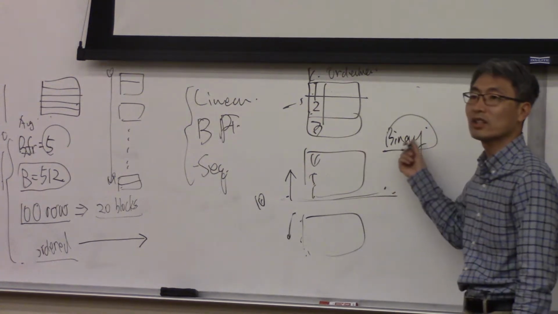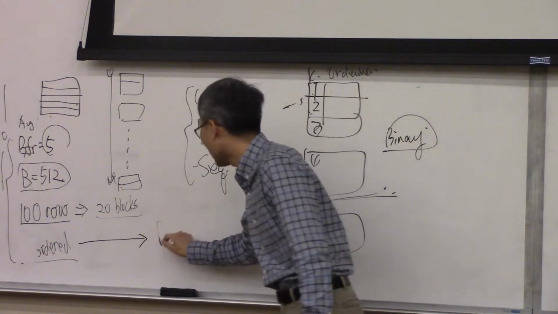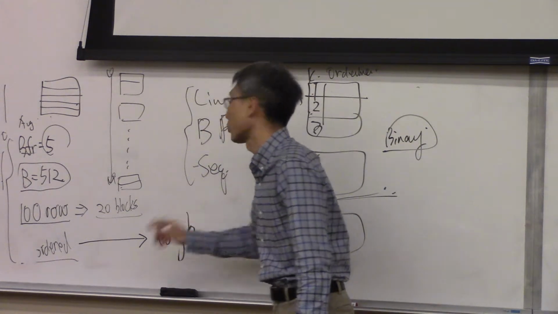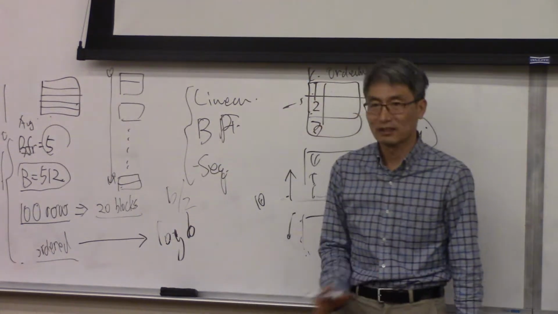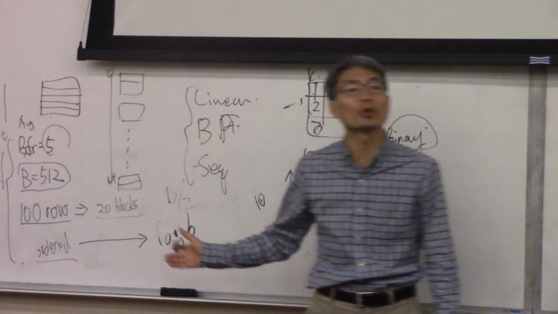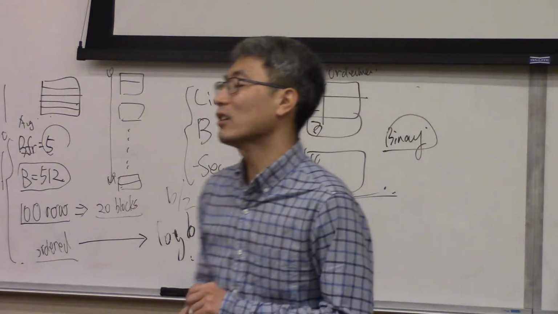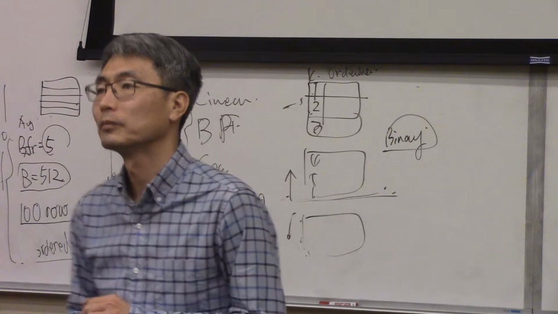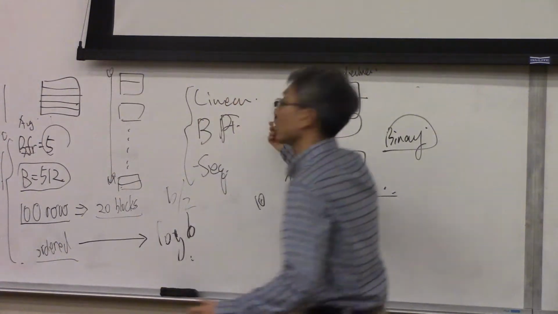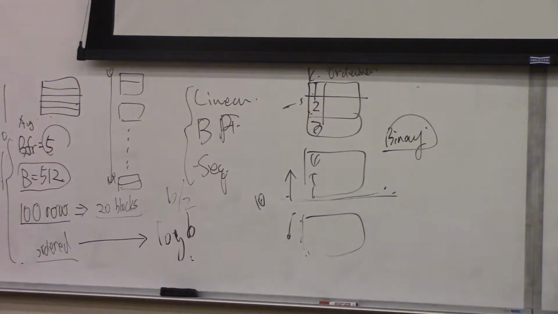What is the complexity of binary search? Log B. So which one is faster, B/2 or log B? Definitely log B is faster. So the ordered file is faster. Problem? Whenever you insert the data, you need to search and insert. So that is the ordered file.